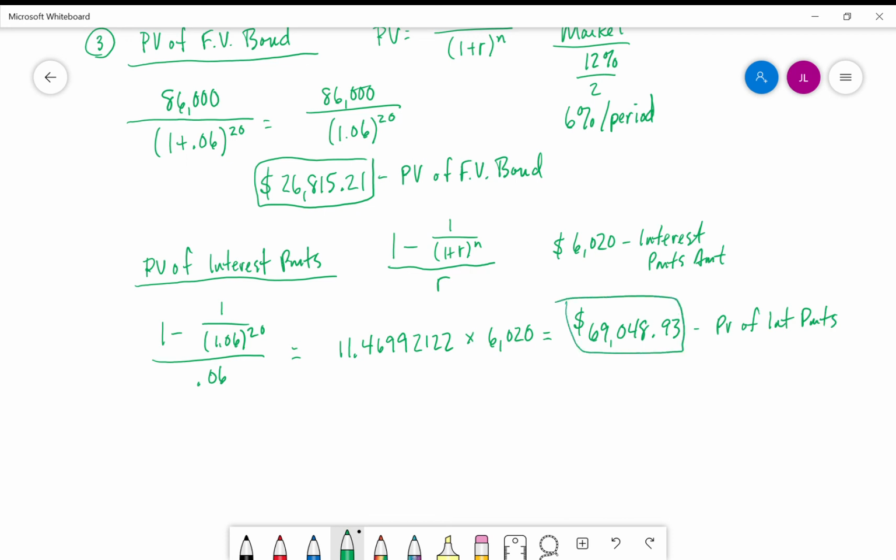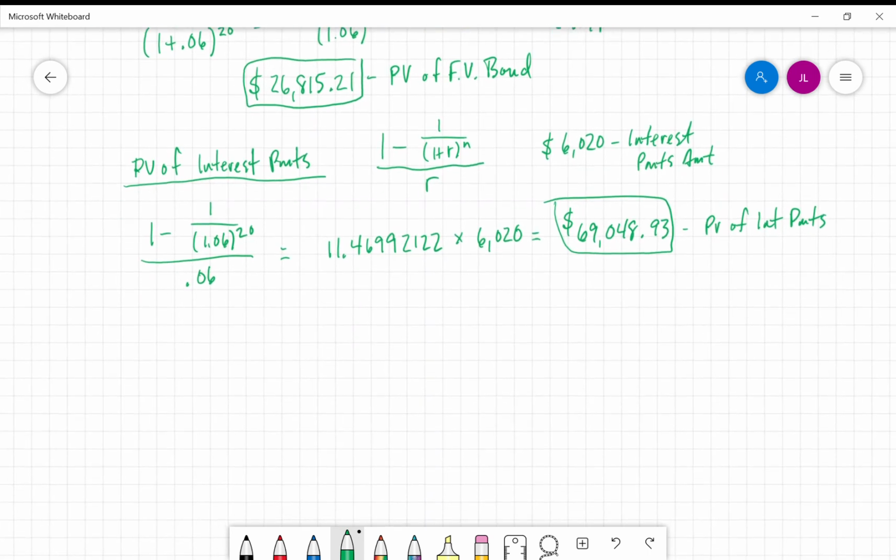Now we've got these two items, this 26,000 and this 69,000. We need to add those together.